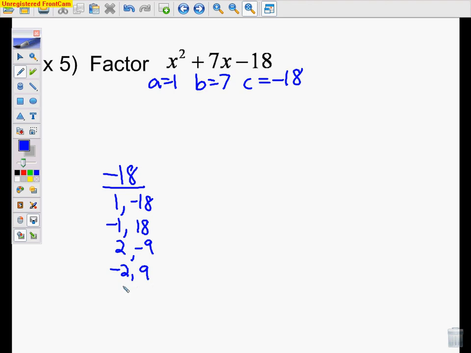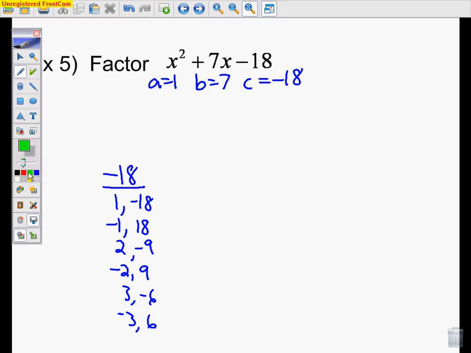All right, there's also 3 and negative 6, negative 3 and positive 6. Somebody just knocked on my door, so you'll just have to excuse that.